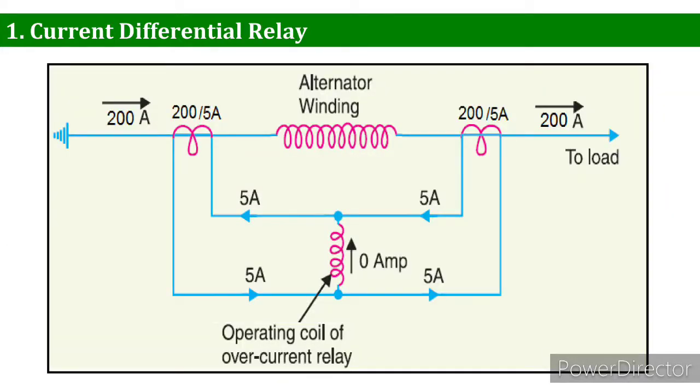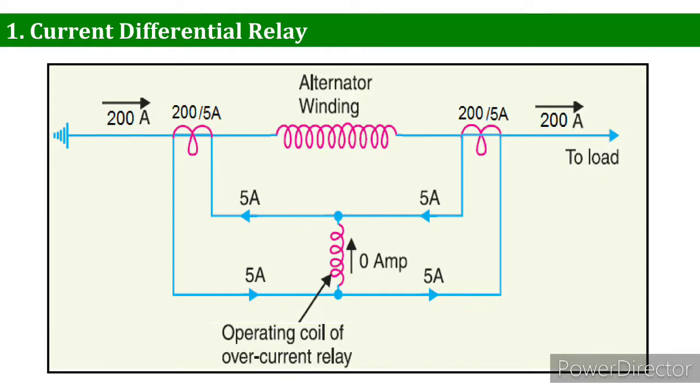First, we will discuss current differential relay. As you can see in the figure, which shows an arrangement of an overcurrent relay connected to operate as a differential relay, a pair of identical current transformers are fitted on either end of the section to be protected, and the secondaries of the CTs are connected in series.